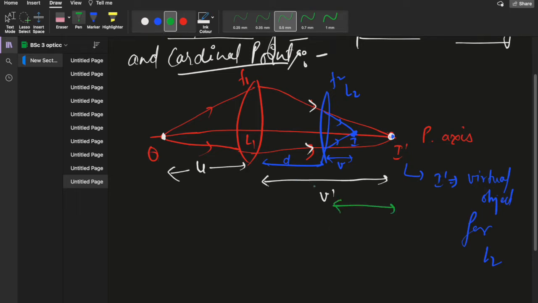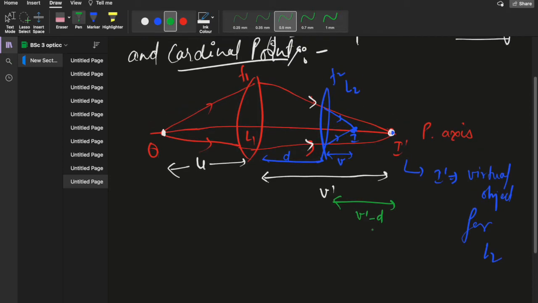This measurement is V dash minus D. Our whole distance is V dash and the separation between the two lenses is D. So the distance from L2 to I dash is V dash minus D.